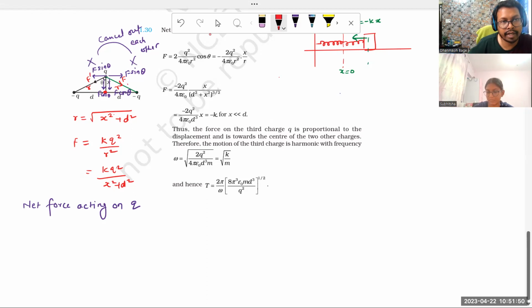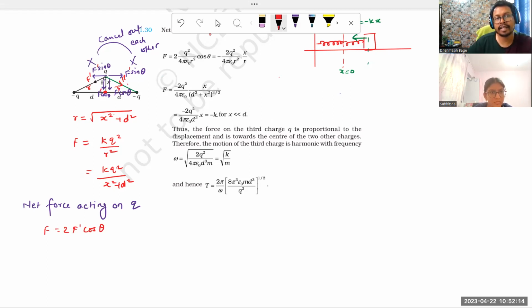Let us say this is F dash, F dash, F dash, F dash, because they are using F here, so I'm using a different F symbol. So F will be equal to what? 2F dash cos theta, isn't it? Simple. 2F dash cos theta will be the net force acting on this thing.